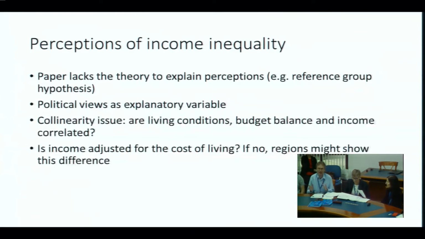If we see regional differences, we can guess there are some effects of political view also, or the political view may be correlated with some phenomena which are also correlated with the perception of inequality. And correlation between explanatory variables, yes, we are aware of it.